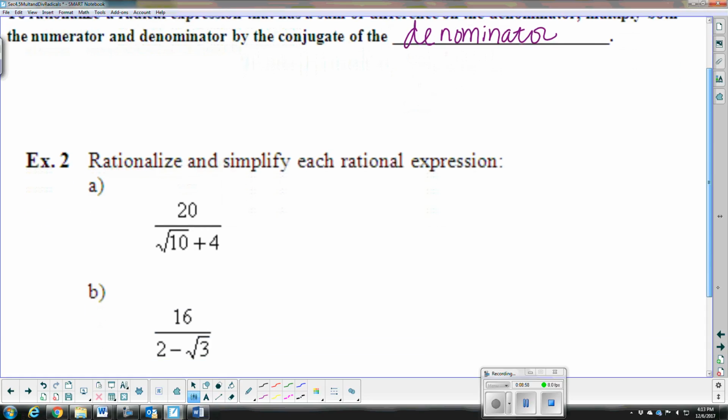So that's how we're going to rationalize this expression, multiply by the conjugate of the denominator. So the conjugate of the square root of 10 plus 4 is the square root of 10 minus 4. So we're still going to multiply by 1: the square root of 10 minus 4 over the square root of 10 minus 4.